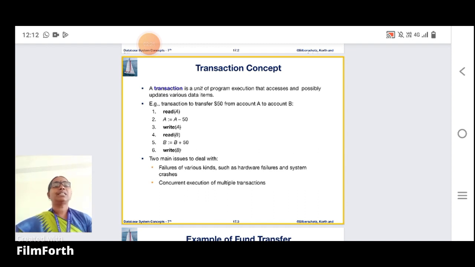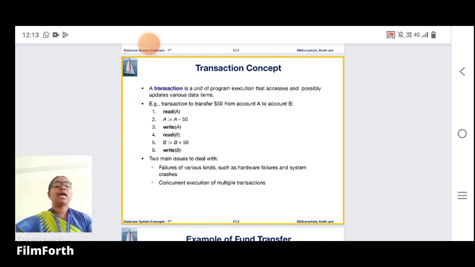The transaction should be executed fully, completely. But if in the middle there comes some hardware failure or system crash, then our money is lost. For example, we have debited 50 rupees from account A and written the amount A to the database, but we have not yet credited the amount to account B. That means the money is lost and the database exists in an inconsistent state.